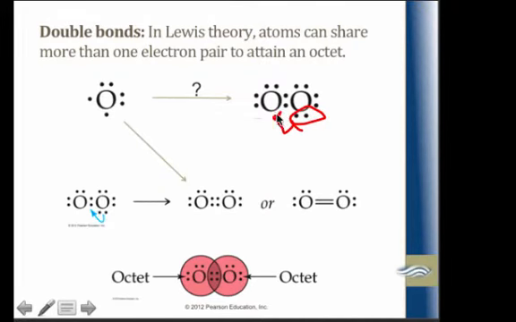This electron pair can move in and form a double bond between these two oxygen. In this line method, each line represents 2 electrons, so these are equivalent representations right here. In this way, we see this oxygen as having an octet, and so does this oxygen have an octet. Okay, so this is stable for the oxygens.